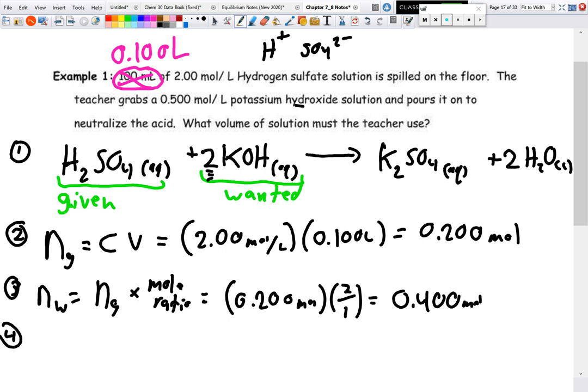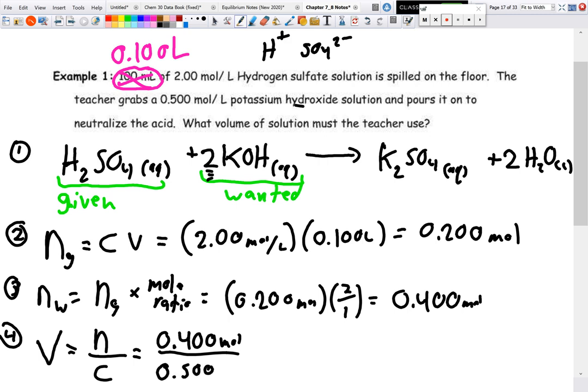And finally, last step, step 4, solve the question. And this is what volume of solution must be used. So that means we're using the concentration, volume, and number of moles equation just rearranged. And of course, this one rearranged, volume is equal to number of moles divided by concentration. So we get our 0.400 moles divided by the concentration, which we have up above there is 0.500 moles per liter.